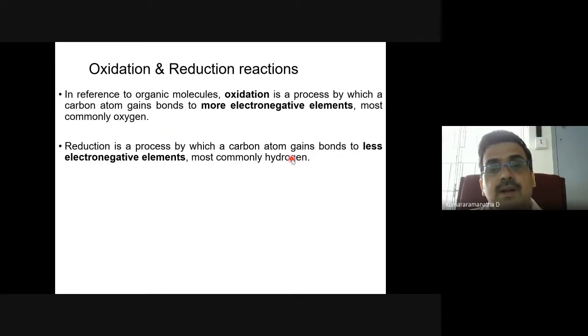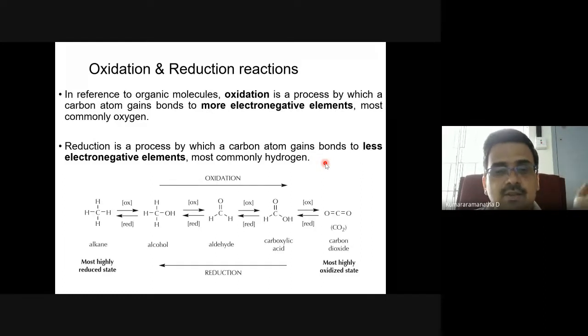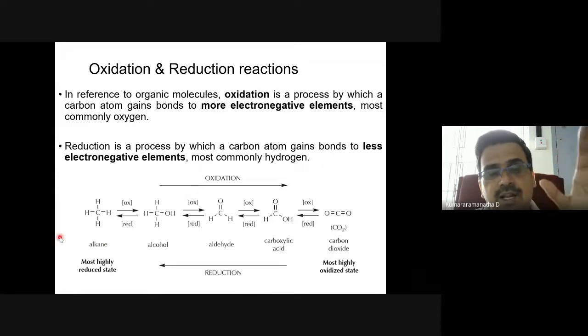When the carbon atom gains bonds to less electronegative elements, typically hydrogen, then you call it reduction. So now, please look at an example. We have methane, and we have converted it into carbon dioxide. You know that there is an oxidation process. So methane to carbon dioxide.